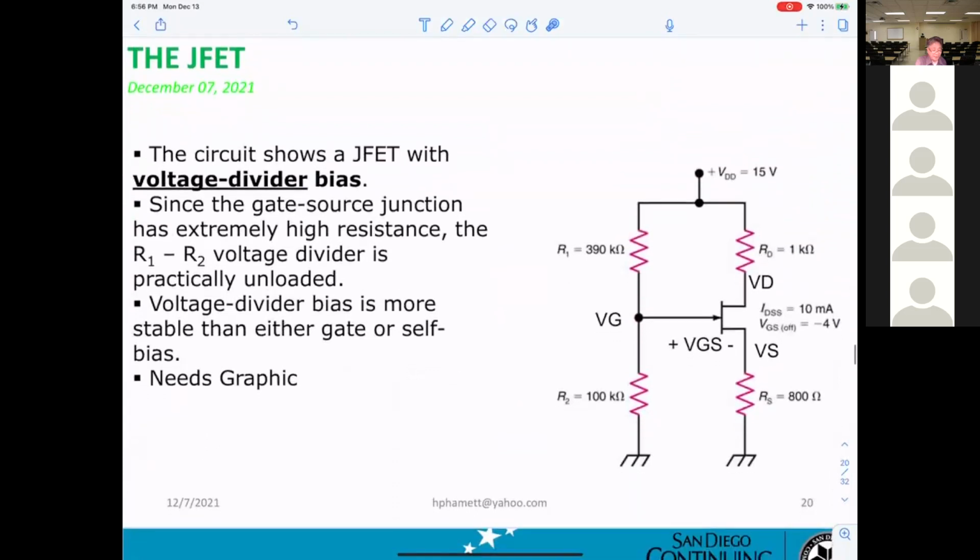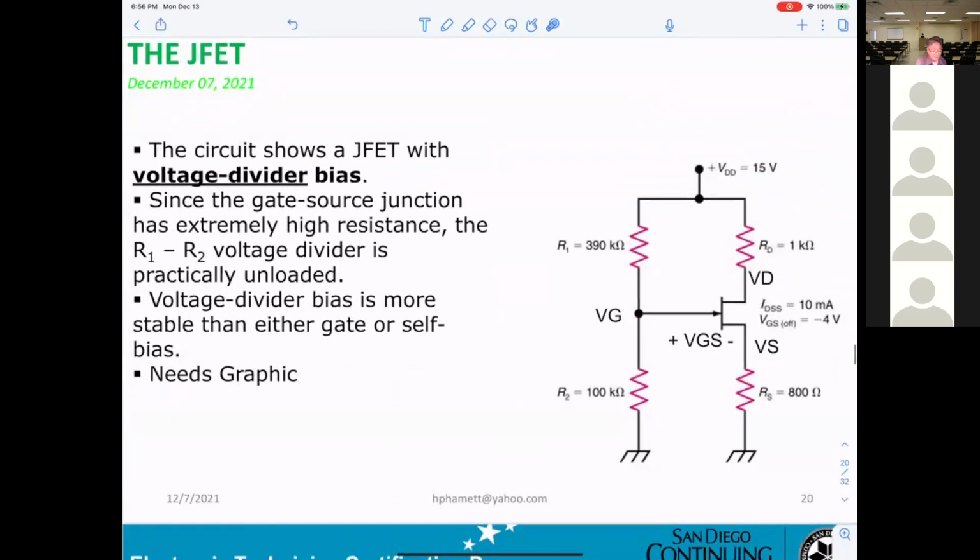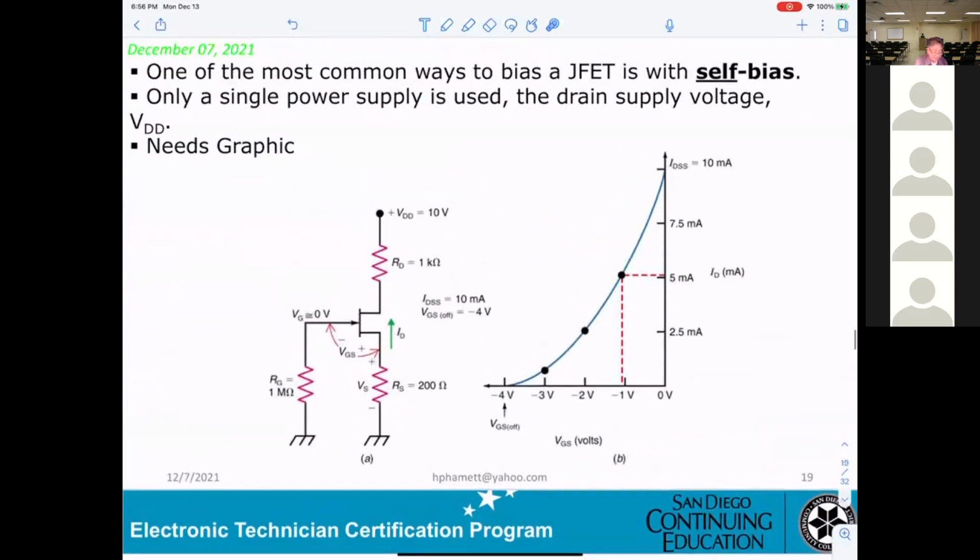Now, next, voltage divider bias. Make sure you understand this is VG and this will be VS here.